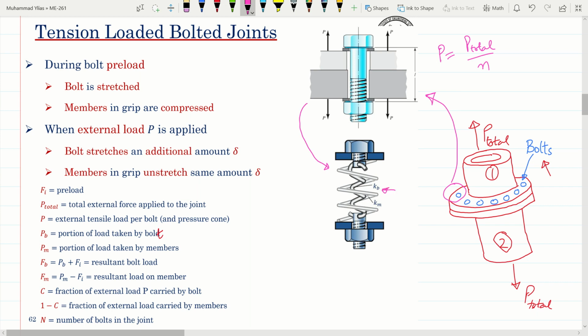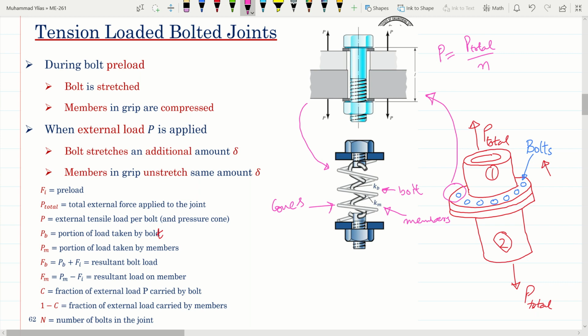Kp represents spring constant or stiffness of bolt, and Km represents stiffness of members. And this stiffness we had determined by considering the cones being compressed in the grip.